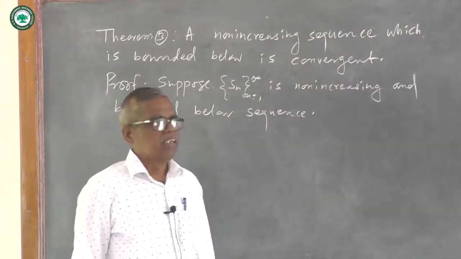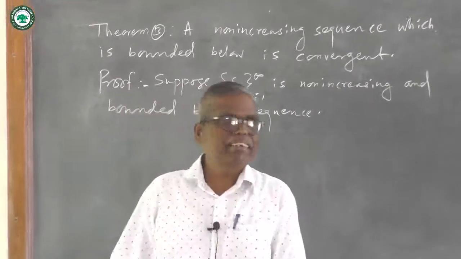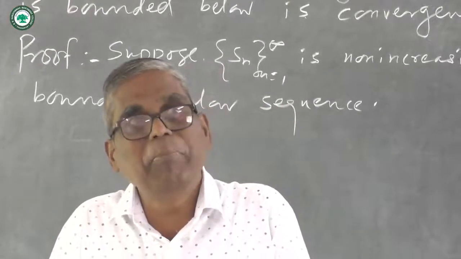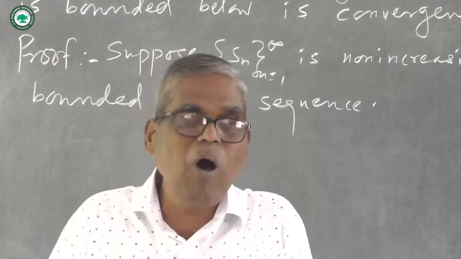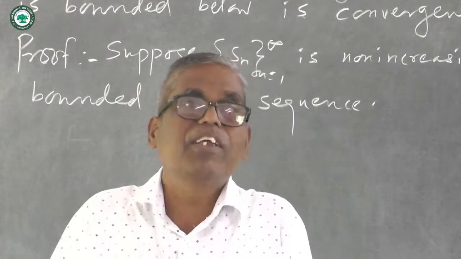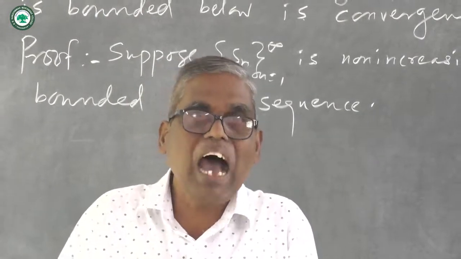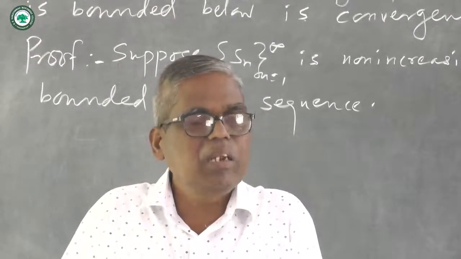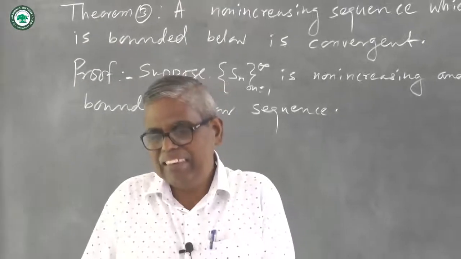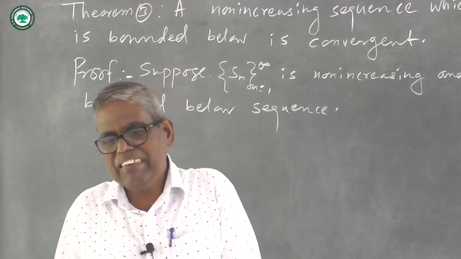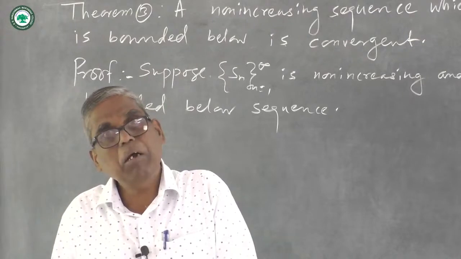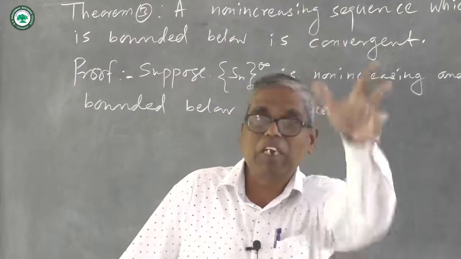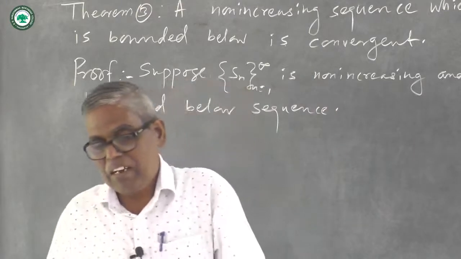Since S equal to Sn, n equal to 1 to infinity, is a function from the set I of all positive integers into the set R of all real numbers, therefore the range set is bounded below, and this range set is a subset of the real numbers R.